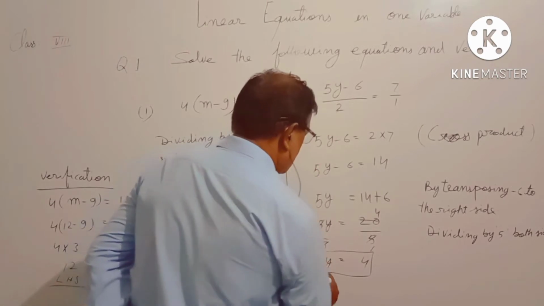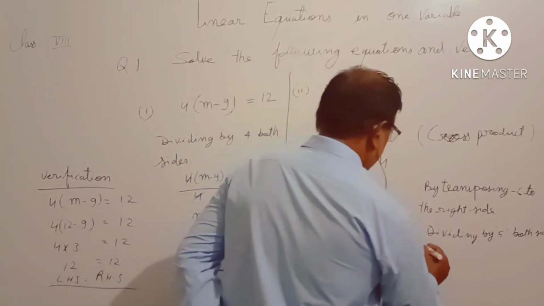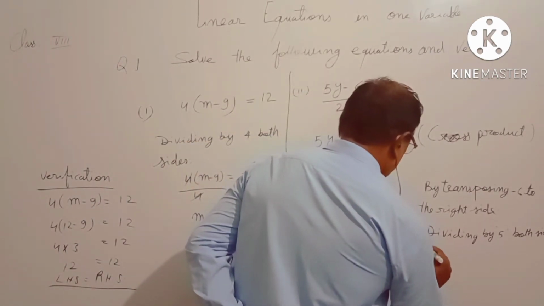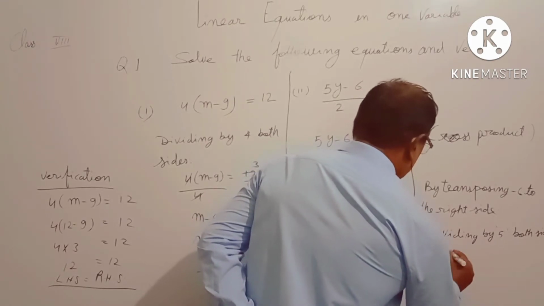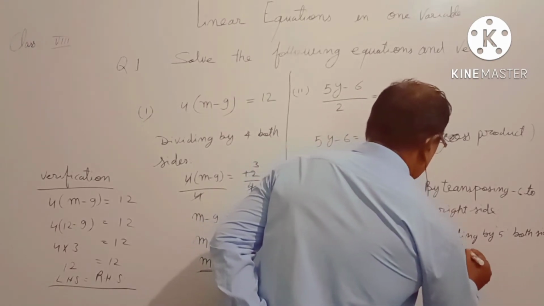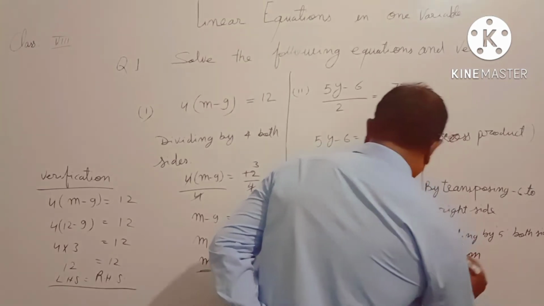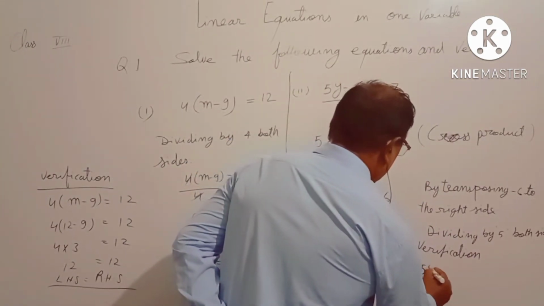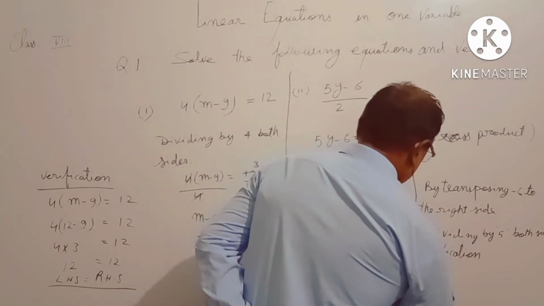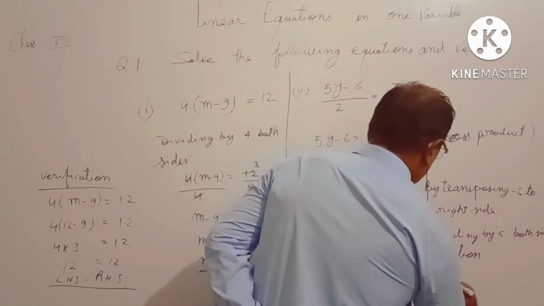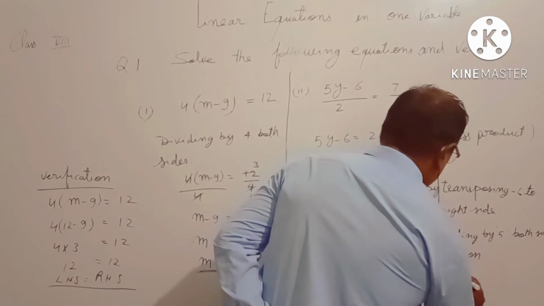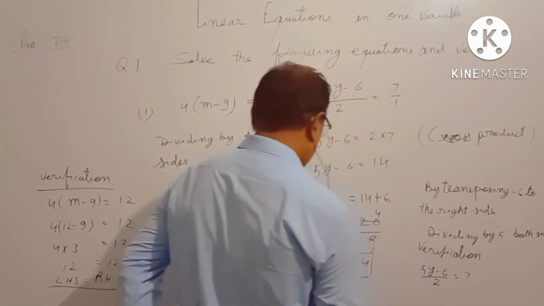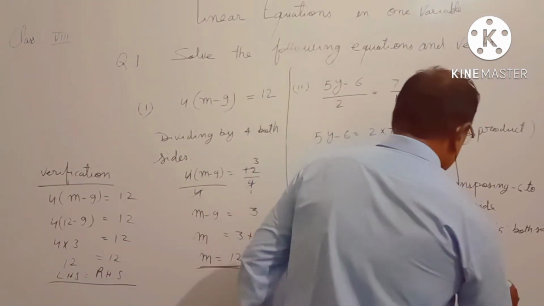It is 4. Now we verify it. In verification we write the given equation 5y minus 6 by 2 equal to 7. Now put the value of y, which is 4.